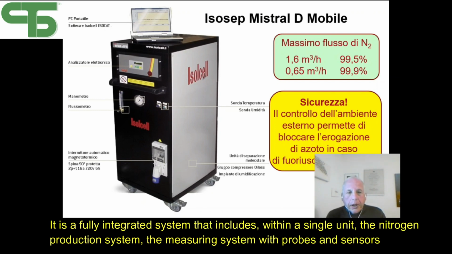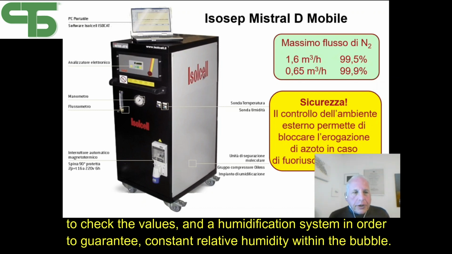It is a fully integrated system that includes within a single unit the nitrogen production system, the measuring system with sensors and probes to check the values, and the humidification system in order to guarantee constant relative humidity within the bubble.